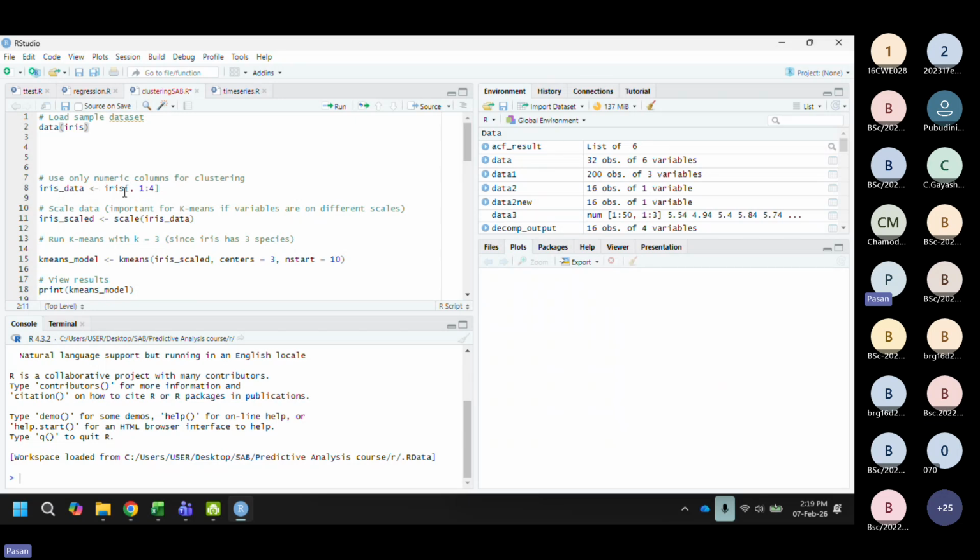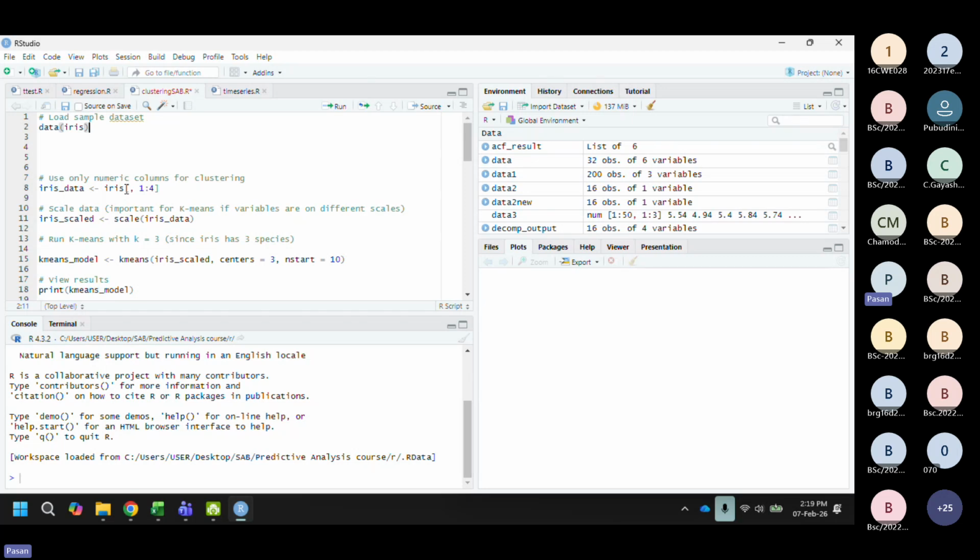So this command indicates to use the entire iris data set and only take the first four columns, column number one to column number four, and all the observations in those columns.